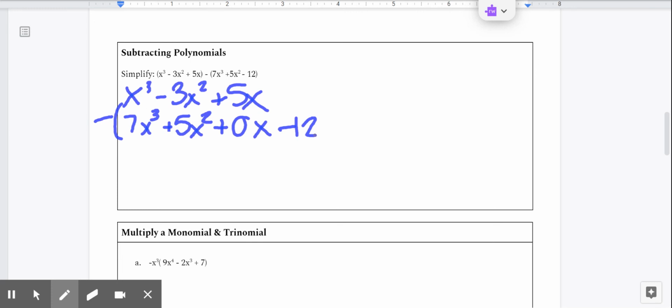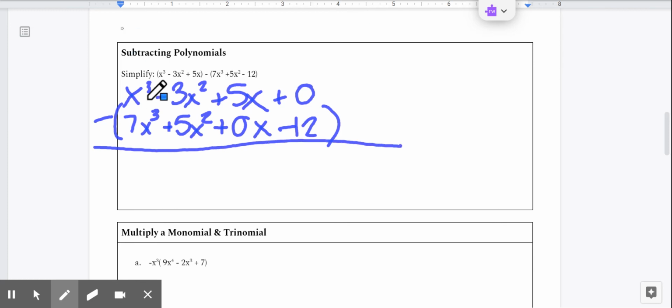And if you like, here in the top, you can also put a placeholder for constants. You can see we don't have any constants in this first trinomial, but I could just say plus 0. That's the same as having no constants. Okay, so I'm subtracting there, and I've filled in zeros as placeholders anywhere I don't have like terms, just to be extra careful that I'm not combining terms that are not like terms. Now we can go ahead and subtract.